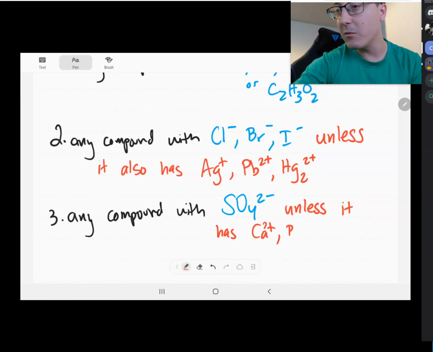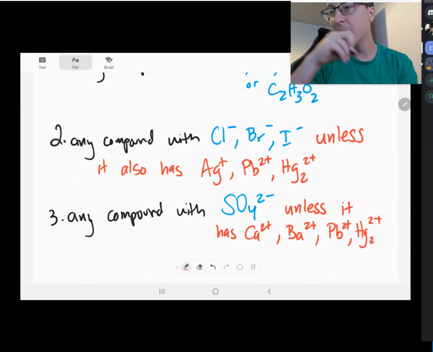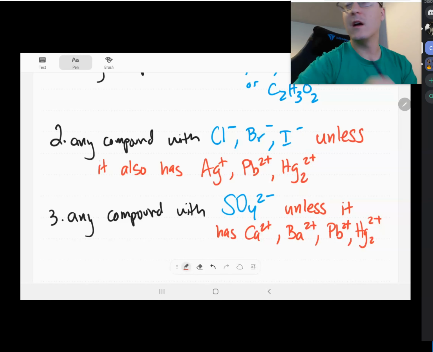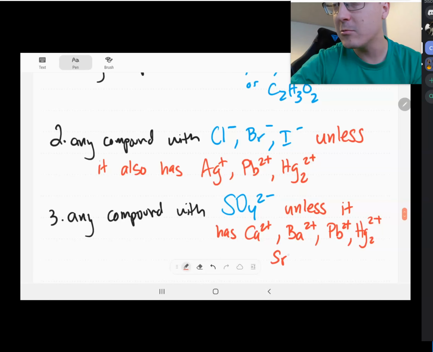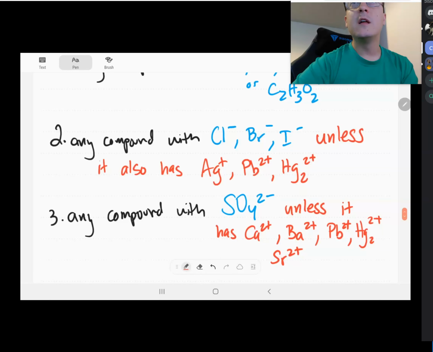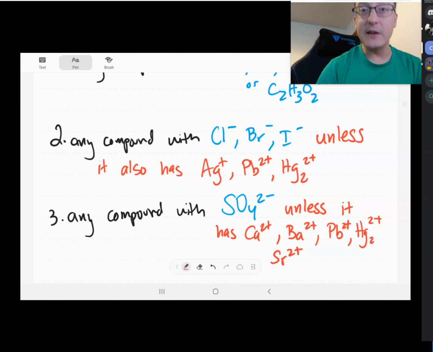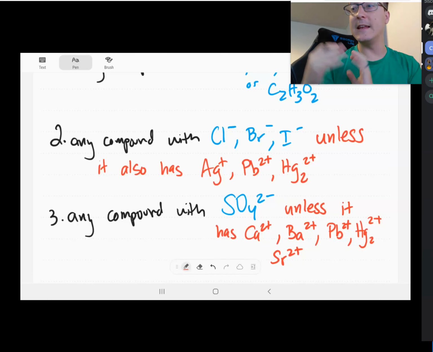Oh, shame on me. Barium, lead, or mercury. We can also throw strontium in there too, but that's less common. So anything with a sulfate will be soluble unless it has one of those 5 ions with it.